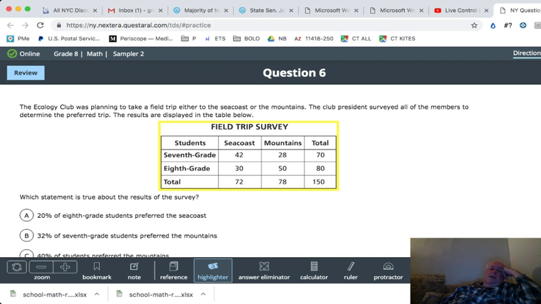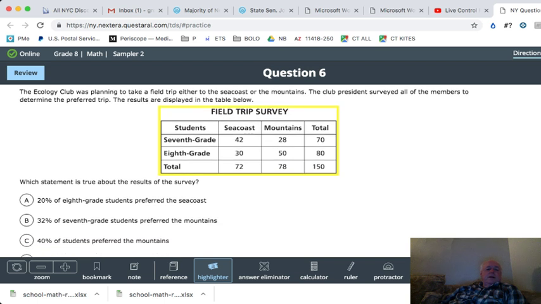So, 30 plus 50 is 80. Good. I'm going to double check the other way. 28 plus 50 is 78. Yep. And then the totals of all the totals, 70 and 80 is 150. 72 and 78 is 150. All right. Okay, I got it. I don't know where they're going with this, but normally they have us do the totals. They did the totals for us instead. So let's go back to the questions.